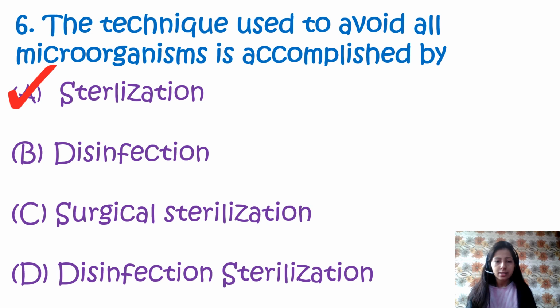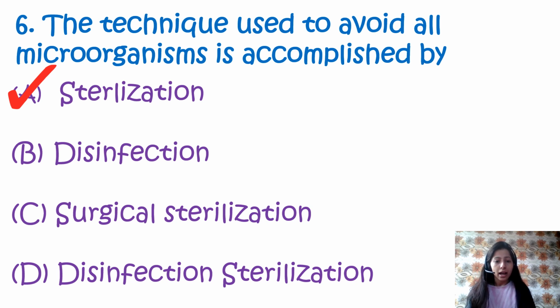So what is sterilization? As we just understood, sterilization is a process of destroying all living organisms and viruses. It is used to eliminate or kill all forms of microbial life, which includes endospores, bacterial endospores.